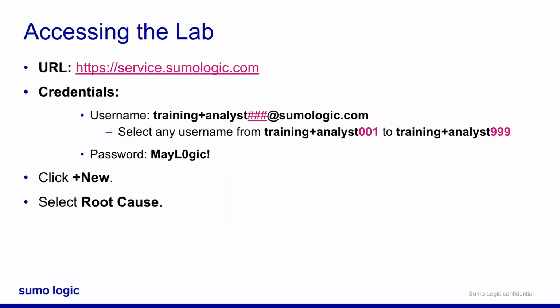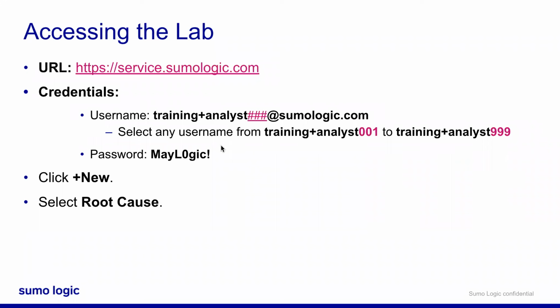Once you're in, if you could just go ahead and type in the chat to let me know that some of you are logged in. And if you're not, I hope you're reaching out to one of our helpers. Give everybody a few more moments here. Once again, service.sumologic.com, training plus analyst plus a 3-digit number, any 3-digit number.